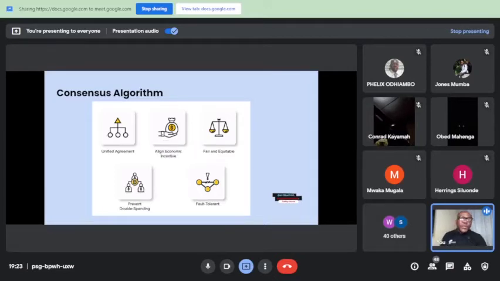So now let's continue with the consensus algorithm. The consensus algorithm is implemented also in the node application, it provides the rules of the game of how the blockchain will arrive at a single view of the ledger.